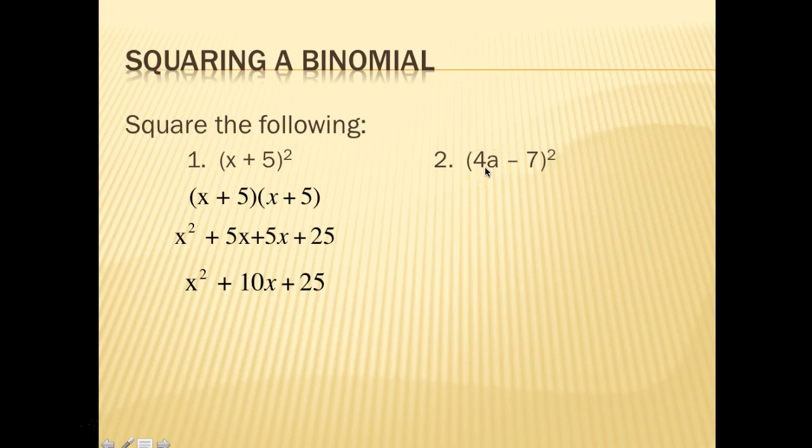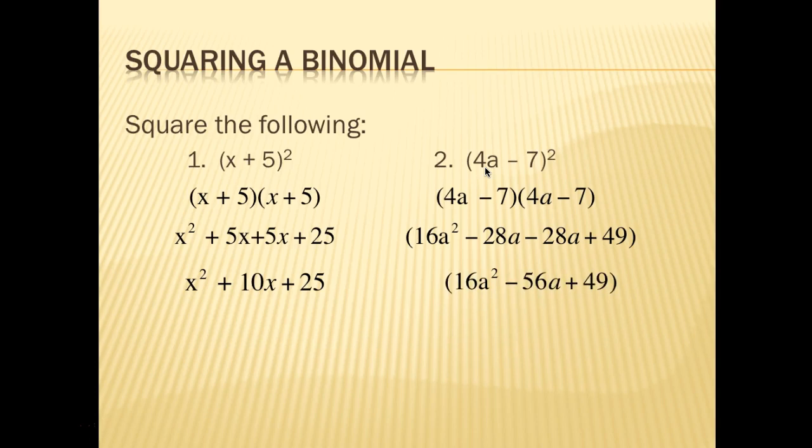Similarly, with this problem, 4a minus 7 times 4a minus 7, we must FOIL, combine any like terms, and our answer is 16a squared minus 56a plus 49.